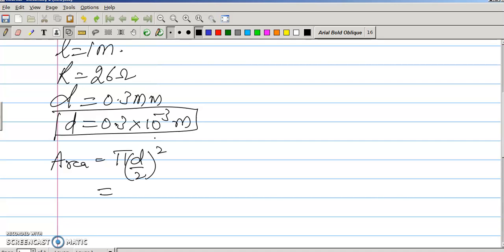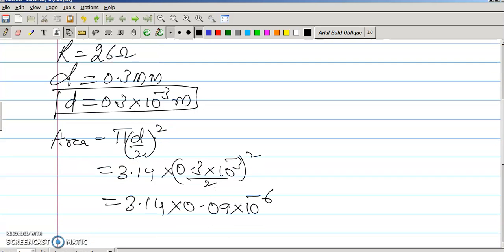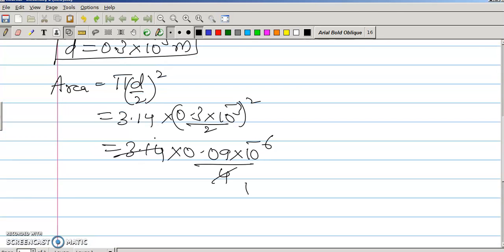So area equal to pi r square, that is pi d square by 4, or pi times d by 2 whole square. I substitute the values for diameter, and I get that value.